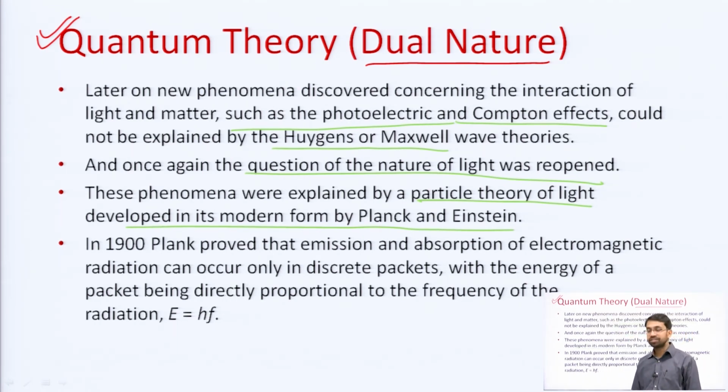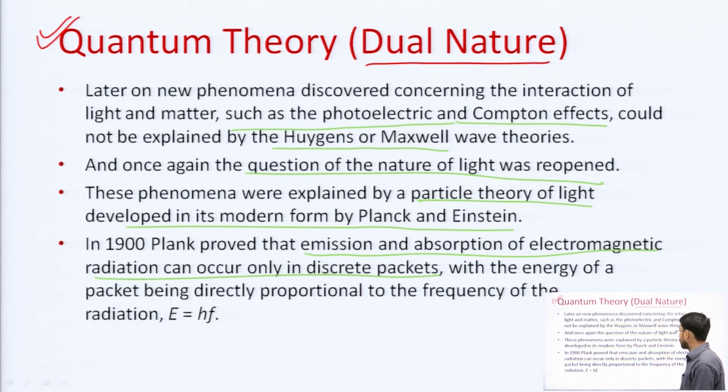So, what did Planck and Einstein do? In 1900, Planck proved that emission and absorption of electromagnetic radiation can occur only in the form of discrete packets, and he gave them the name quanta. He said that light rays or electromagnetic rays can only be absorbed or emitted in the form of discrete packets.